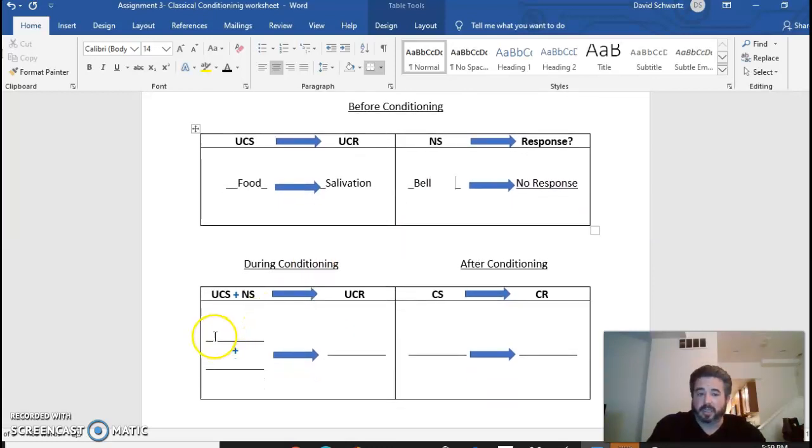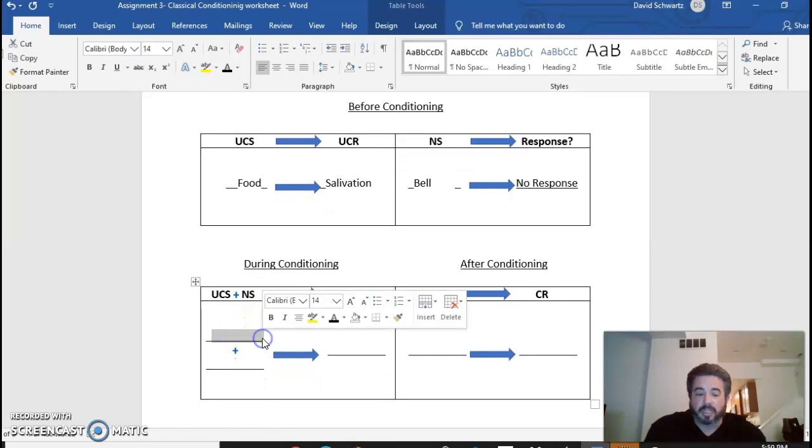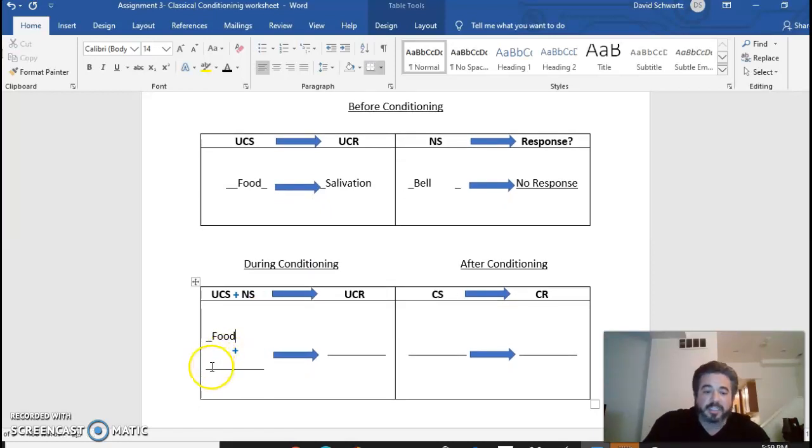During conditioning, the unconditioned stimulus, food, is paired with the neutral stimulus, bell, and produces the unconditioned response of salivation. Remember, salivation during conditioning is still an unconditioned response because it is happening in response to the food.